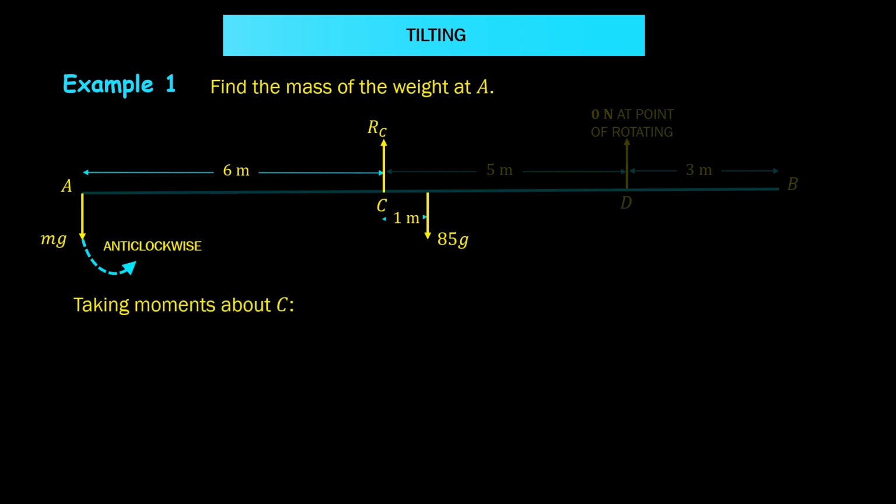Anti-clockwise first. mg times 6 about the point C equals 85g times 1, as shown here.